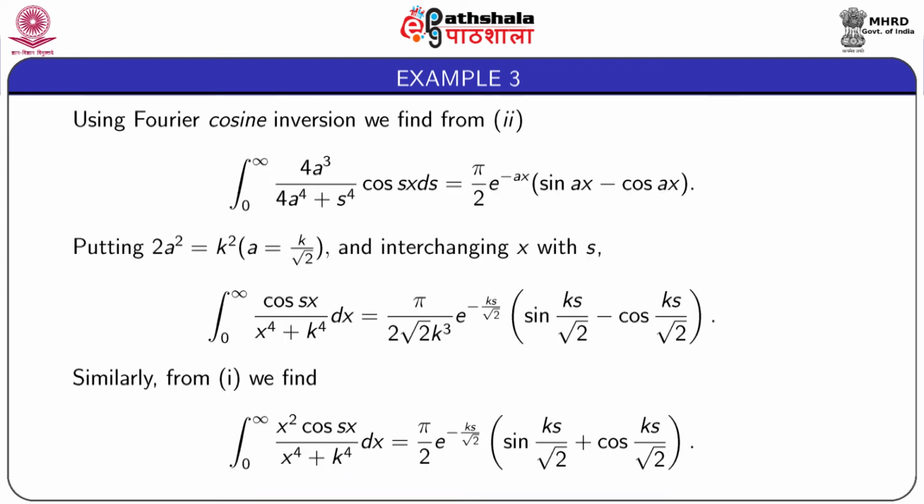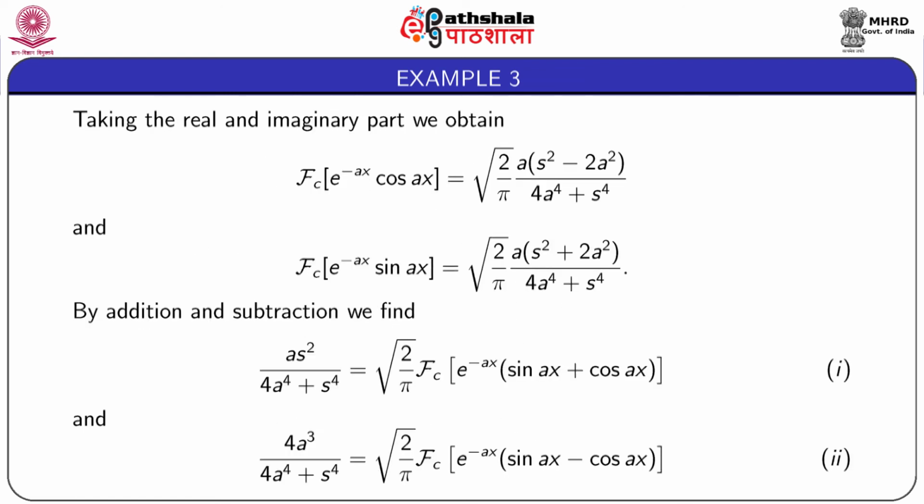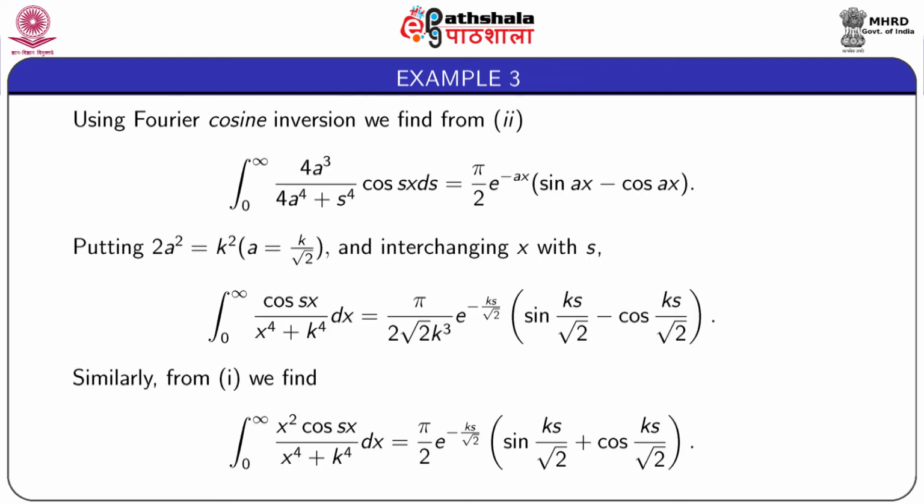So, using the Fourier cosine inversion in relation 2, that means this relation, we obtain the integral from 0 to infinity 4a cube by 4a to the power 4 plus s^4 cos sx ds, equal to pi by 2 e to the power minus ax into sine ax minus cos ax.